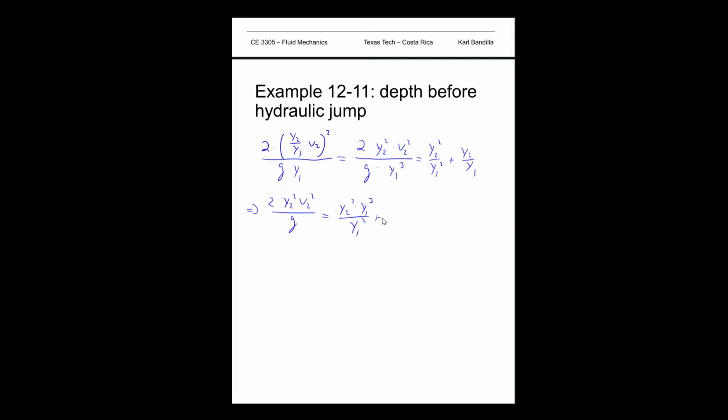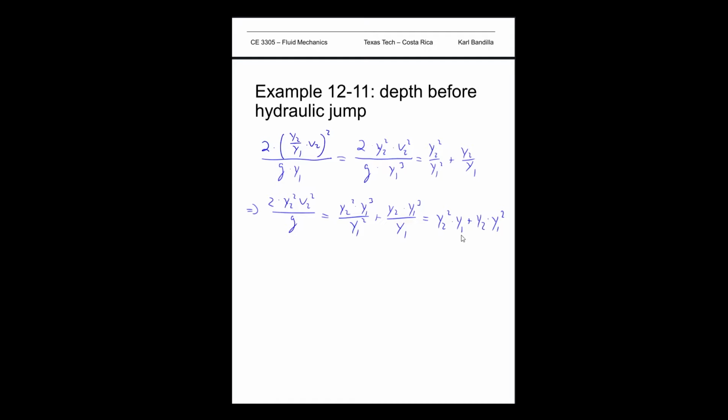We can see that's going to start canceling out. And then y2 times y1 cubed divided by y1 also is going to cancel out. So we get y2 squared times y1 plus y2 times y1 squared.